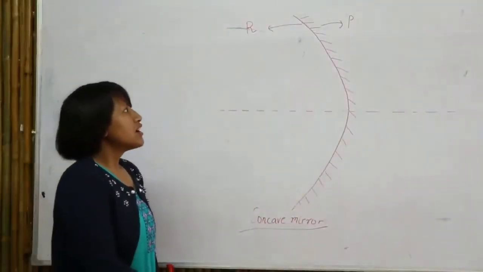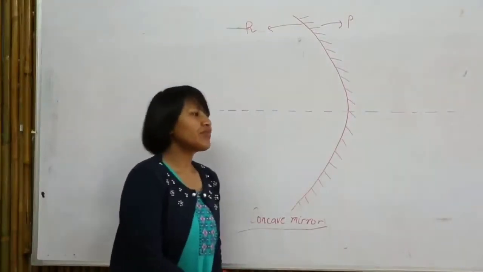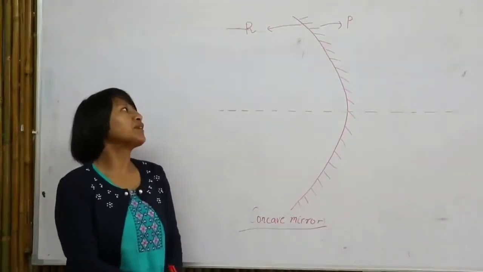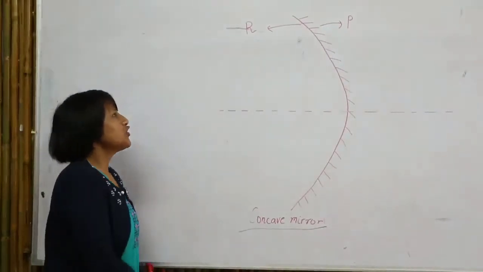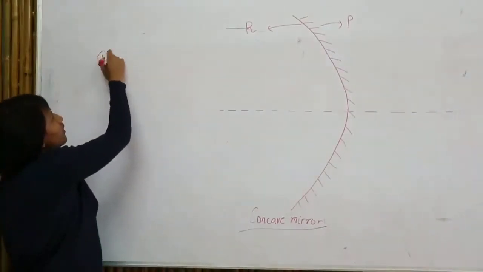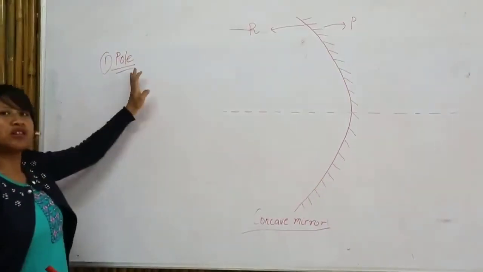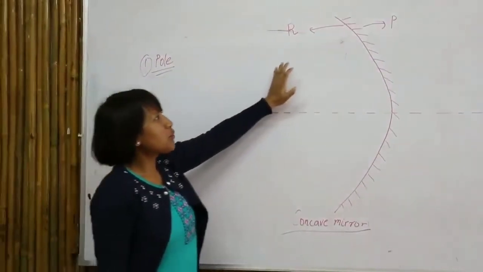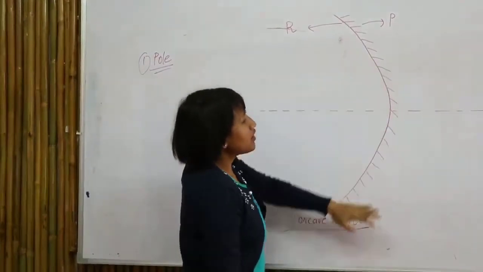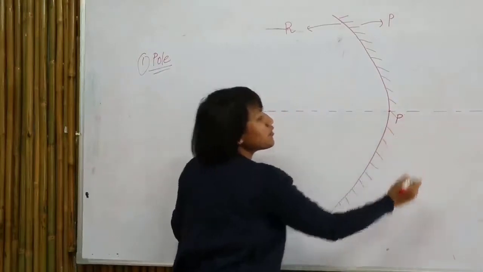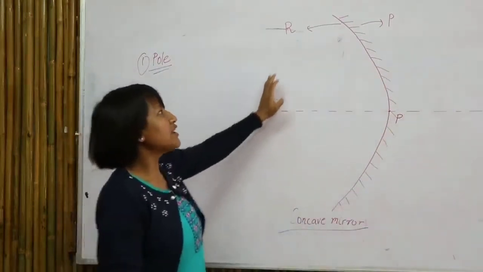Okay, so now we'll be doing the general terms associated with the spherical mirror. First, the pole. Now, what is a pole? The midpoint, the middle of the spherical mirror. That is the pole.